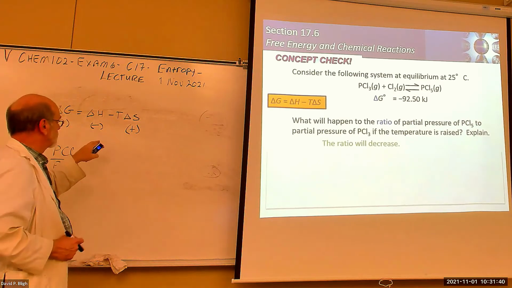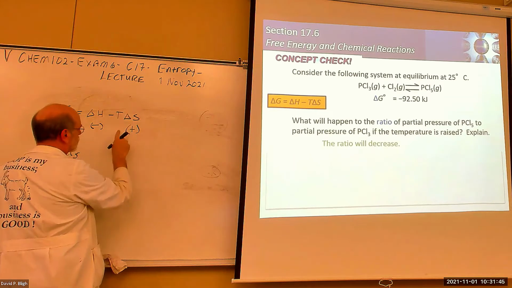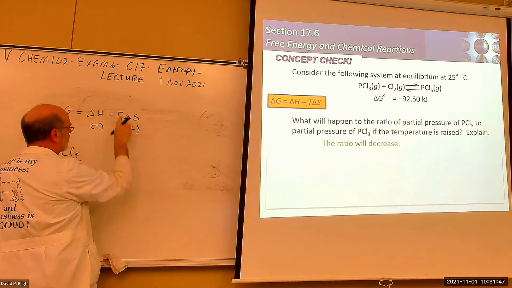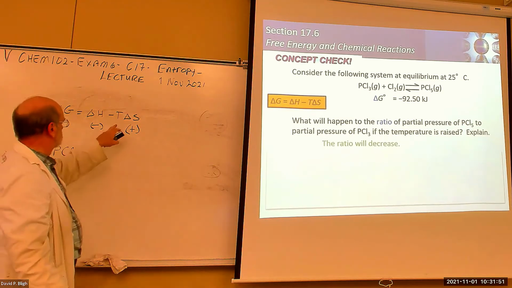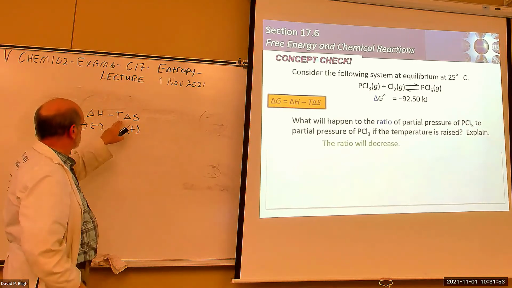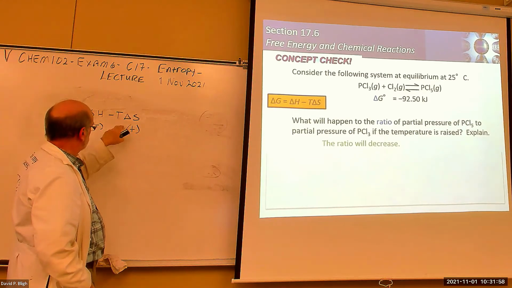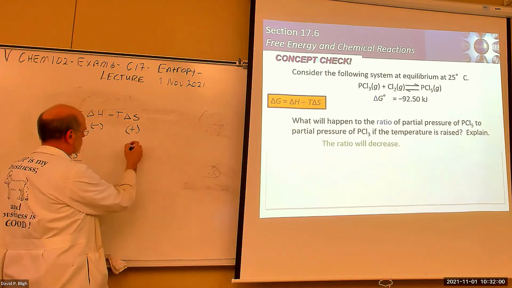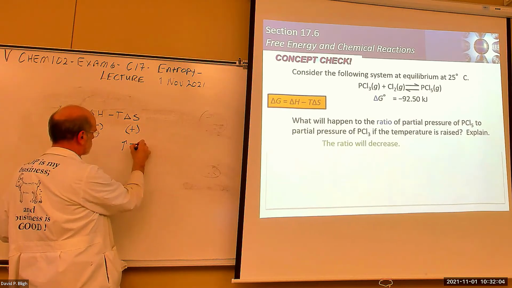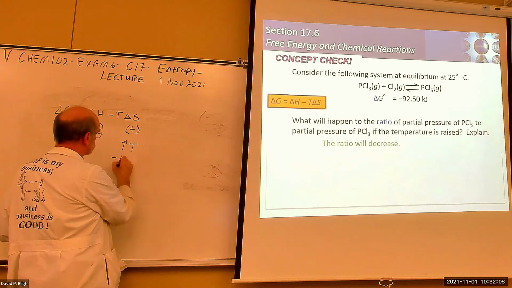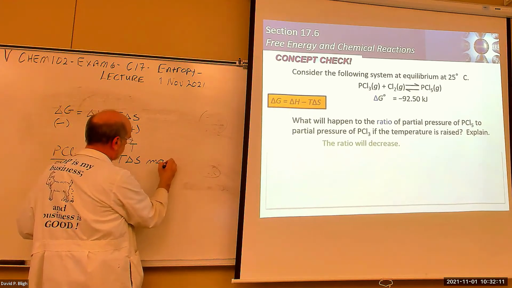If we do that, then as we increase the temperature, we make delta S term more negative. So increase temperature, minus T delta S becomes more negative.